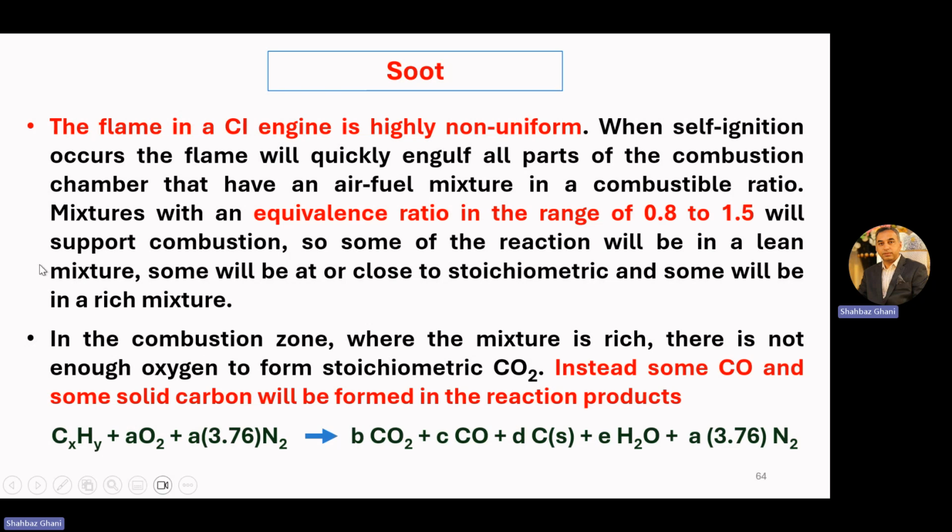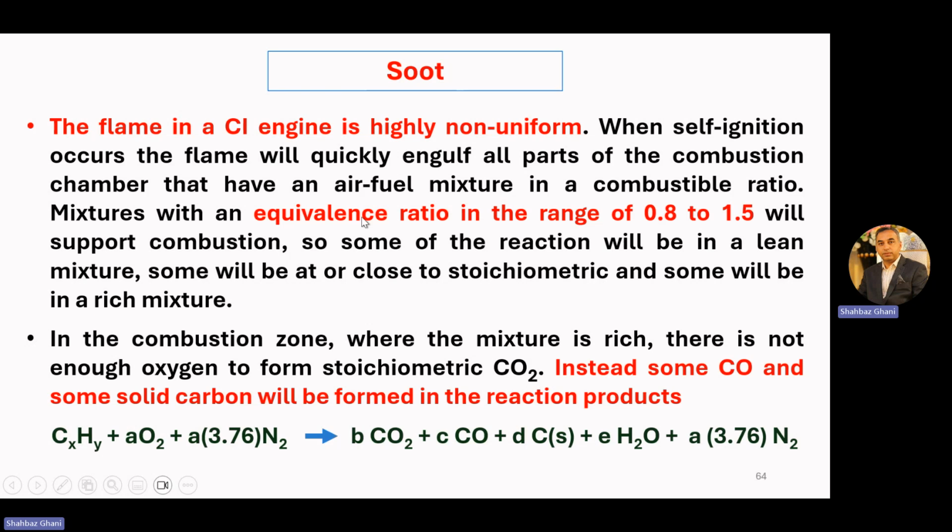Soot. Soot is basically the solid particles which we obtain in the exhaust. Let's see the soot. The flame in the CI engine is highly non-uniform because we have different zones and ignition is happening at different places. When self-ignition occurs, the flame will quickly engulf all parts of the combustion chamber that have an air-fuel mixture in a combustible ratio.